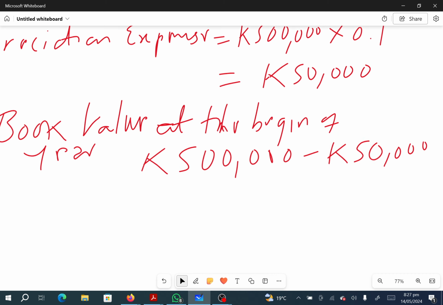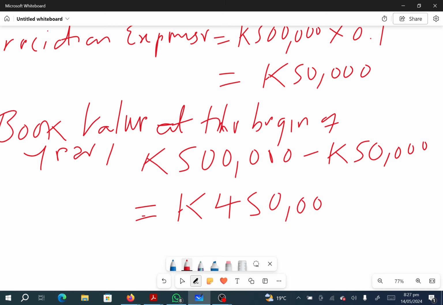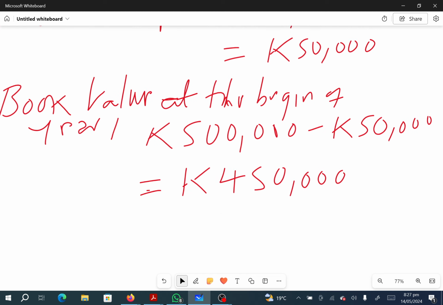So I am saying 500,000 minus 50,000, that is 450,000. Is that okay? So we say the book value at year one is 450,000.